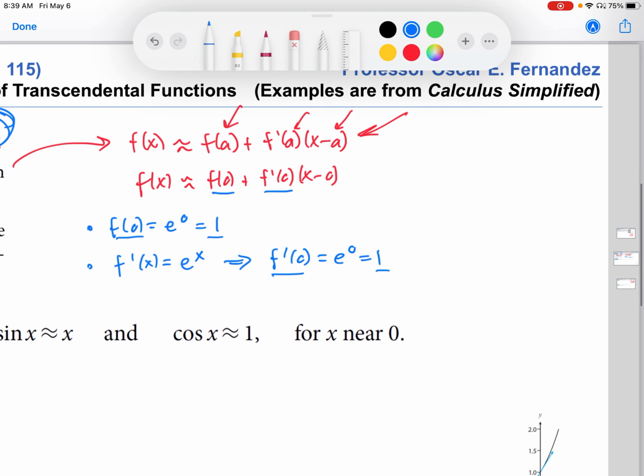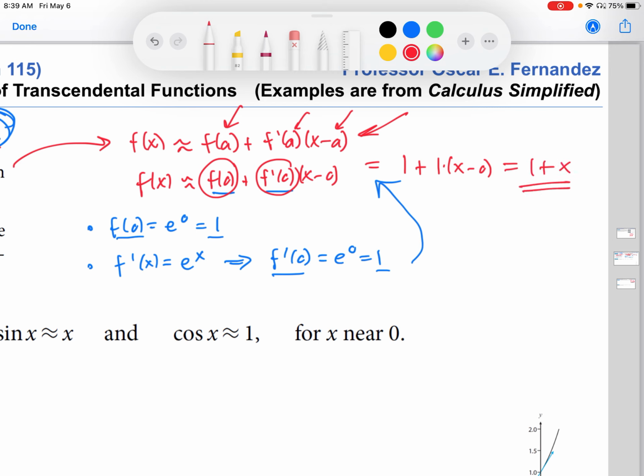So I take those pieces of information and put them in here. I get f of 0, that's 1, plus f prime of 0, that's also 1, times x minus 0. So that's really just 1 plus x. That is my linearization.